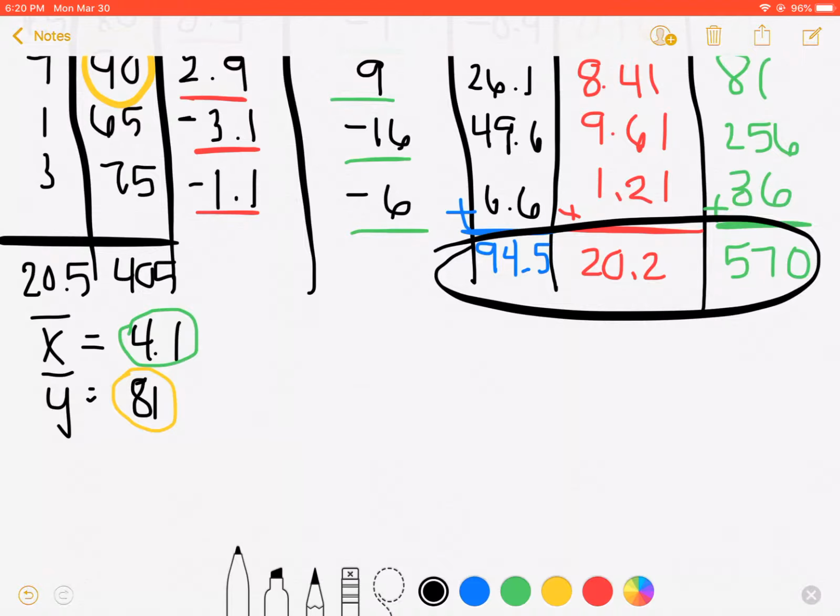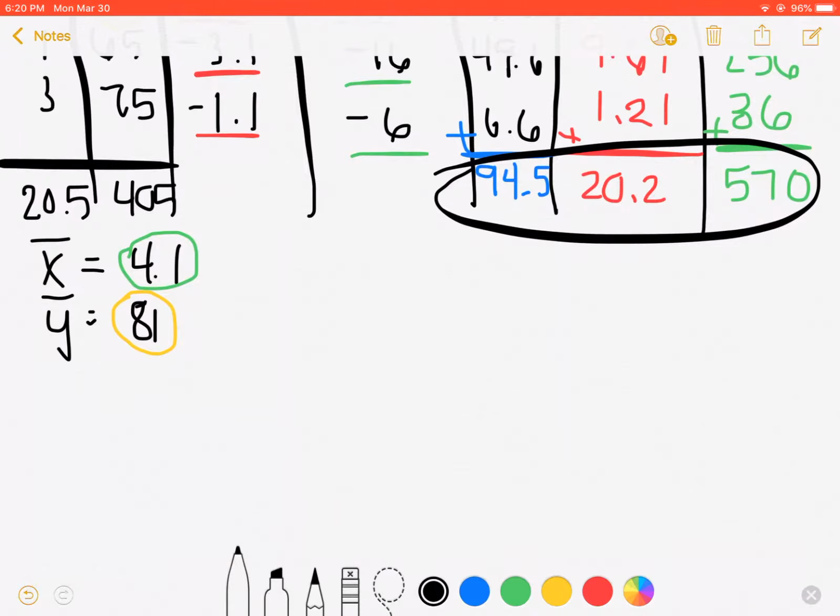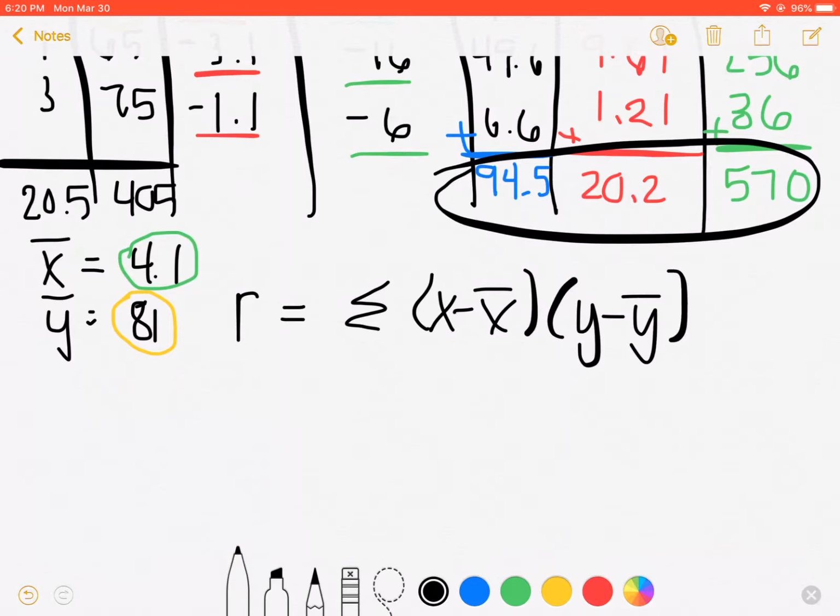If you think about our R, let's rewrite our formula. Our R is the sum of x minus x mean times y minus y mean. And that's really our blue number, that 94.5, that's what the top is.